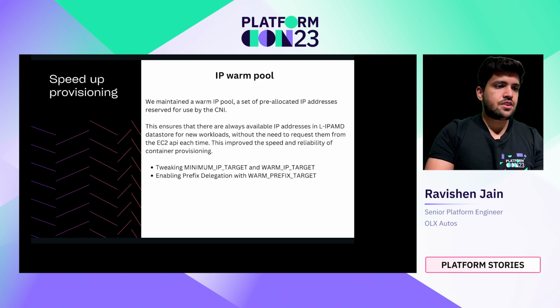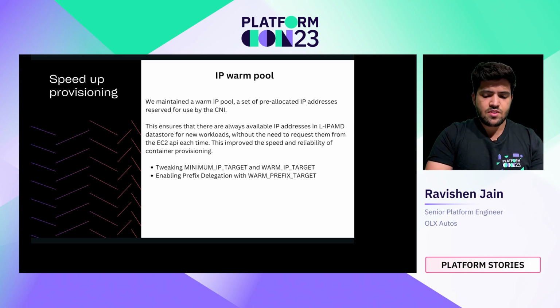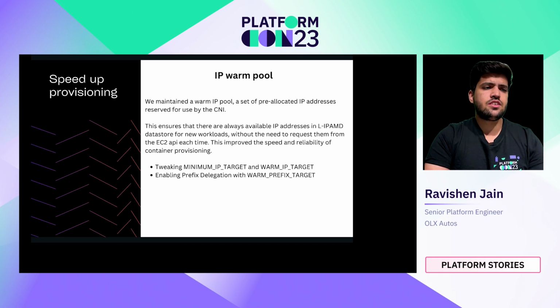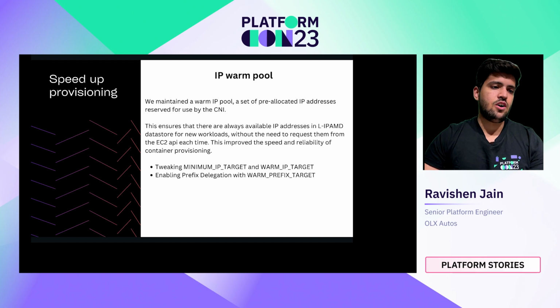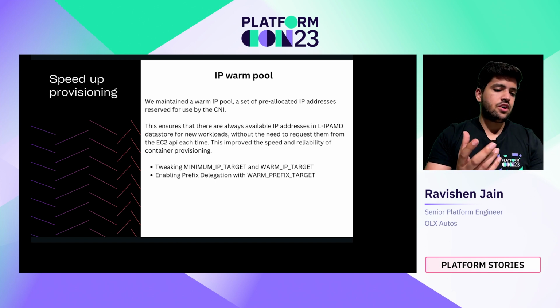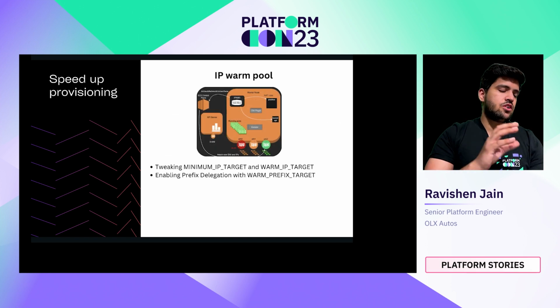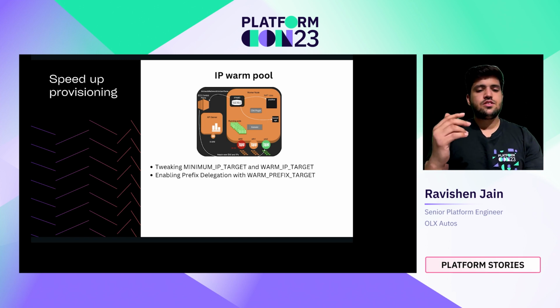So another thing that we did was to maintain a warm IP pool. We are using AWS VPC CNI in this scenario. By having a certain pool always there, we can ensure that every time a new pod comes onto your node, it no longer has to reach out to your service provider.